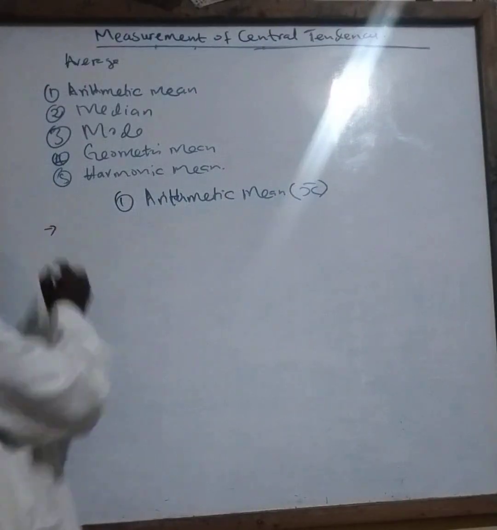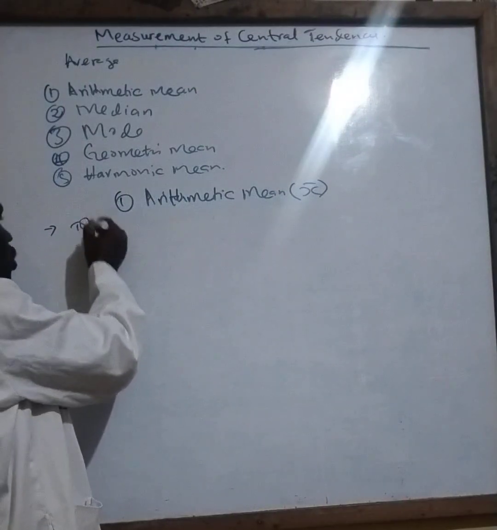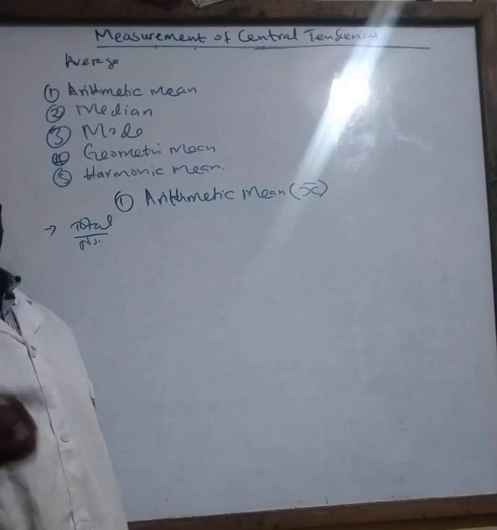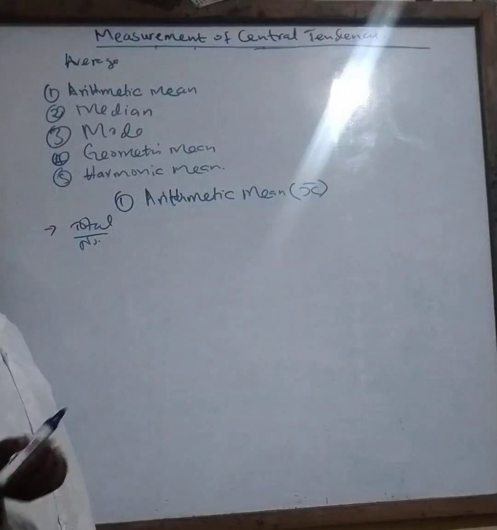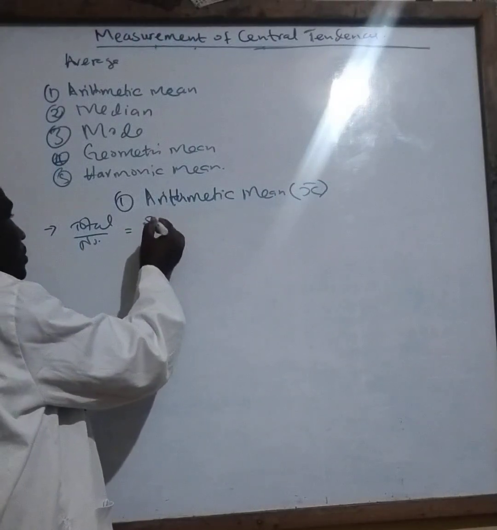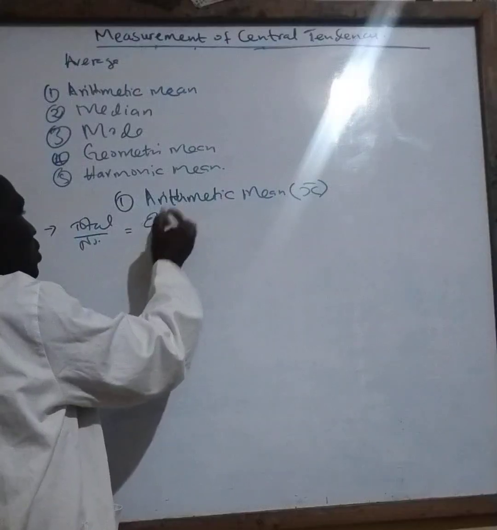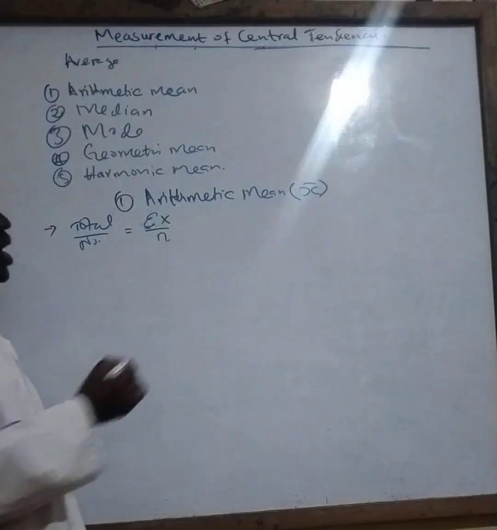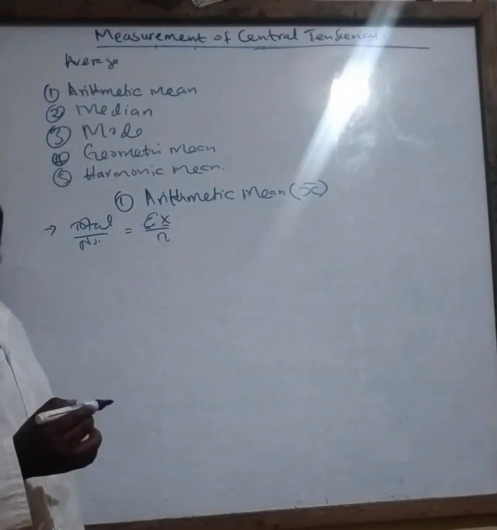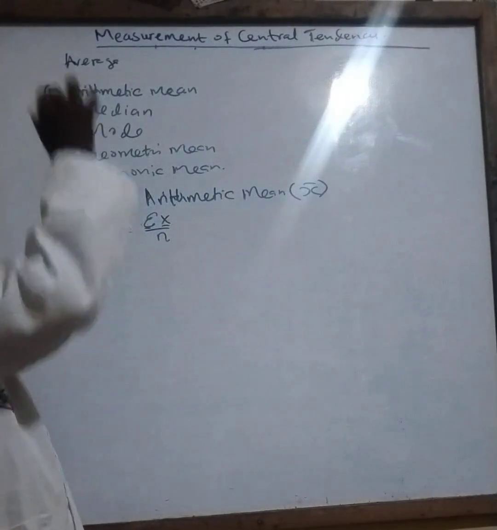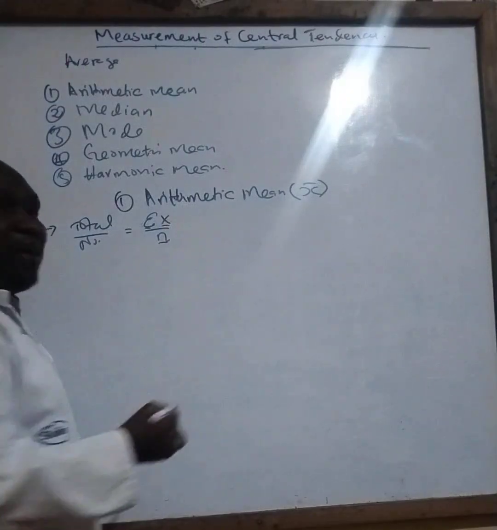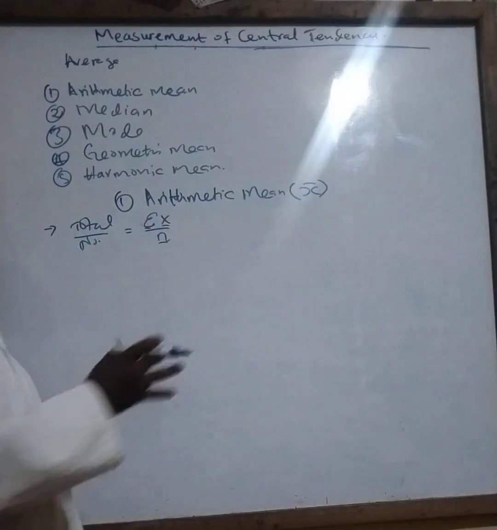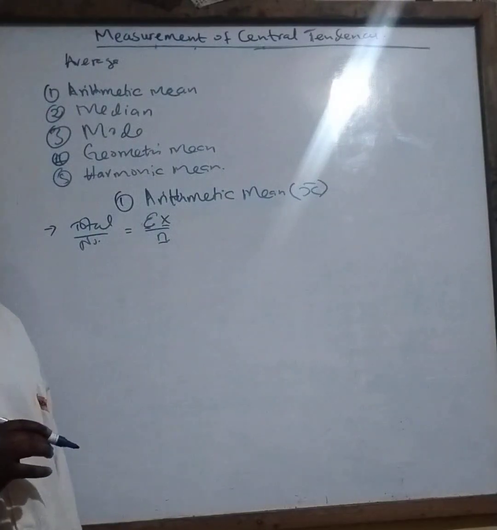When we talk about the arithmetic mean, we normally take the total value divided by the number of items you are counting. But in statistics, we say summation of x over n. In this case, this symbol stands for summation, x stands for the values, that is the figures you want to sum up, and n stands for the number of units. So if you take the total divided by the number of units or items, the answer you get is the arithmetic mean.